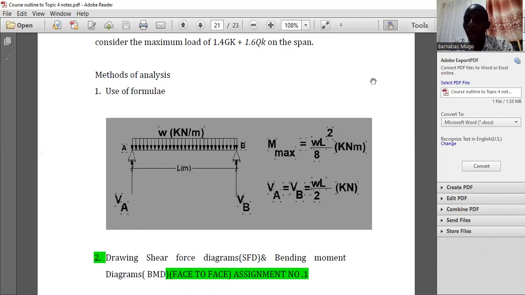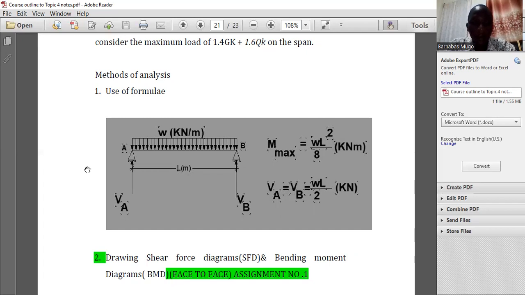If you remember from structural mechanics 2, the maximum moment is wL squared over 8 kilonewton meter. Then VA equals VB, and it is given by wL divided by 2. You multiply the load by the length and divide by 2 to give the shear.